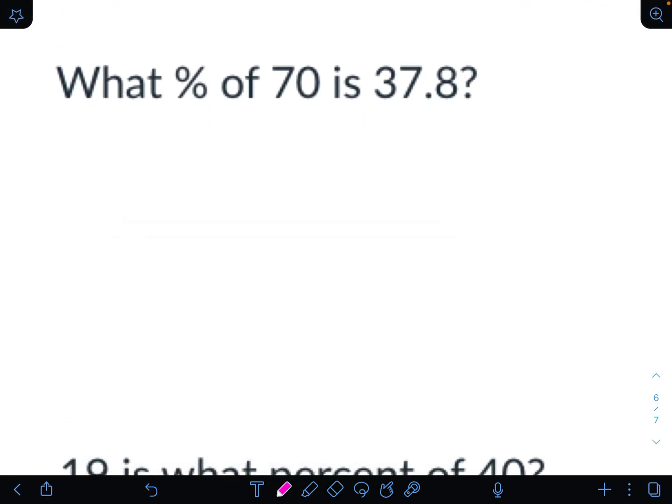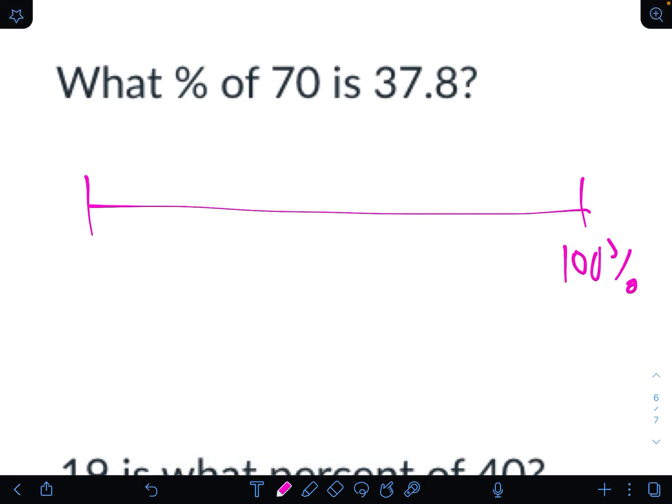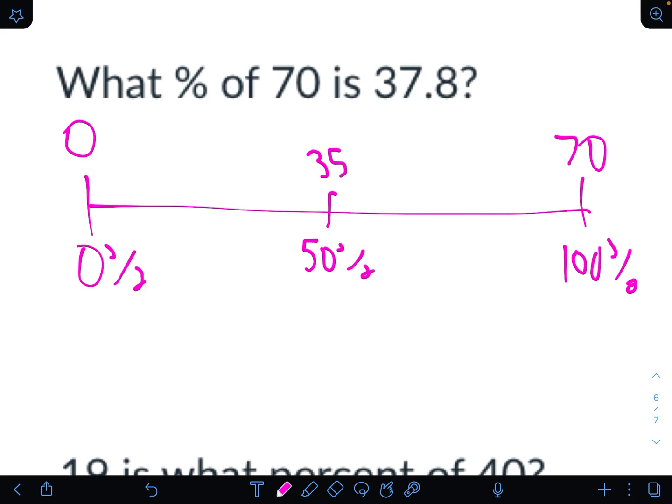What percent of 70 is 37.8? Okay, let's see what we can do with this. We know 100% is 70. We know 0% is 0. So what percent of 70 is 37.8? Well, I know 50% is 35.